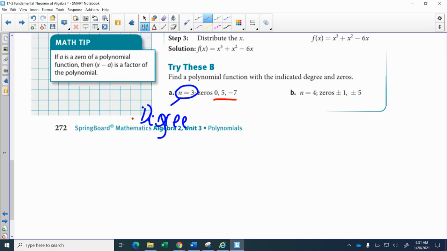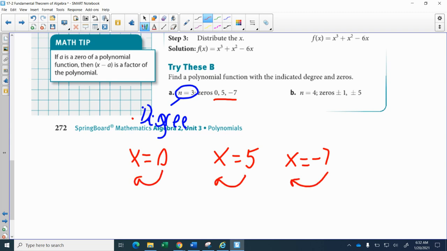And the big thing you have to understand is that those values are basically like saying your x value each equals those individually. But I don't want them as x equals. I want them as factored forms. So what I need to do is move all these numbers over to the side of the x.